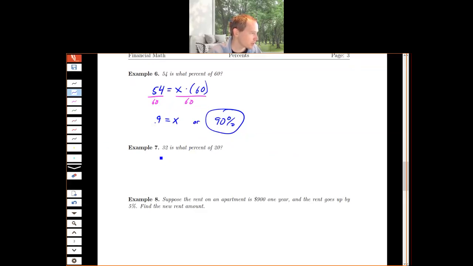So again, I'm going to translate that over. 32, this is my equals, what percent? So I put my x here, and it's a percent of 20, so times 20. Okay, so then if I want to solve, we divide.